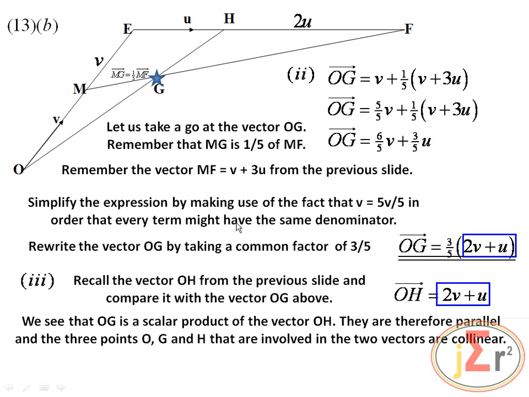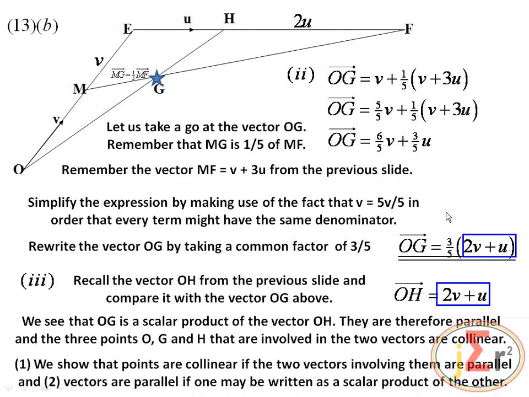When the two vectors only involve 3 points and they are parallel, then the points are collinear. Now, one, we show that points are collinear if two vectors involving them are parallel, and two, vectors are parallel if one may be written as a scalar product of the other.